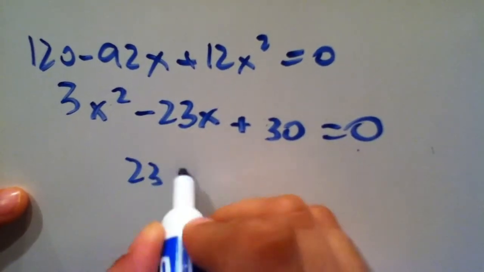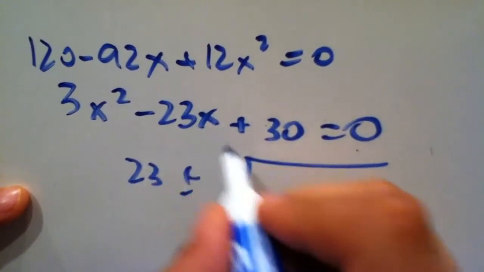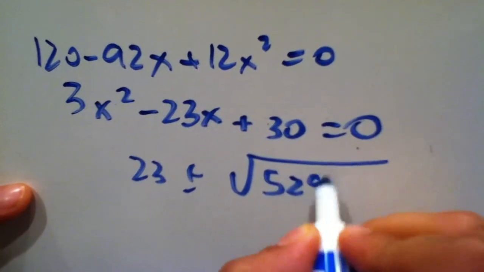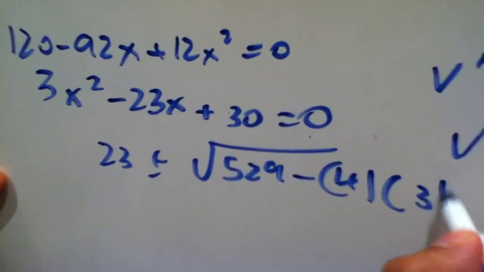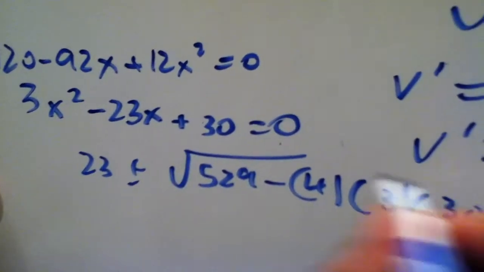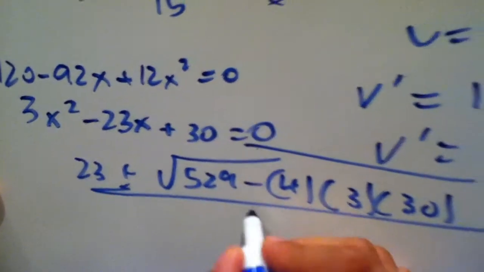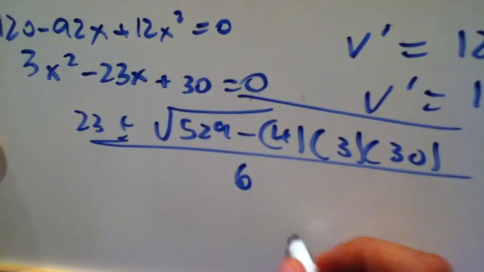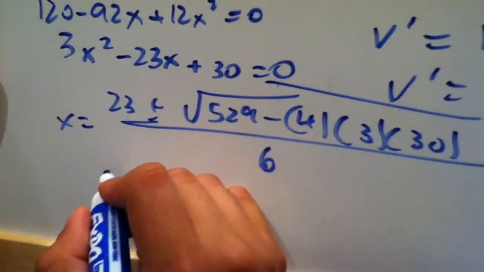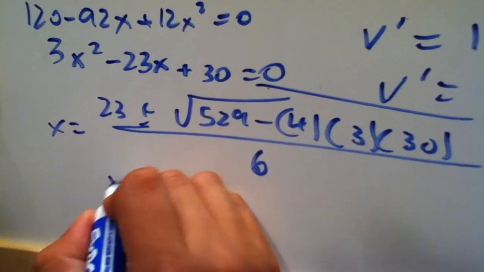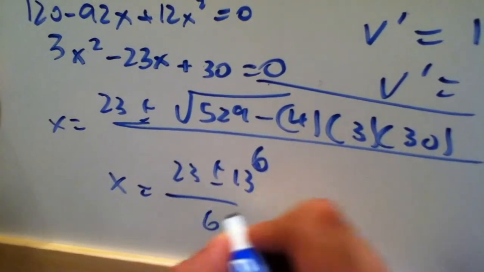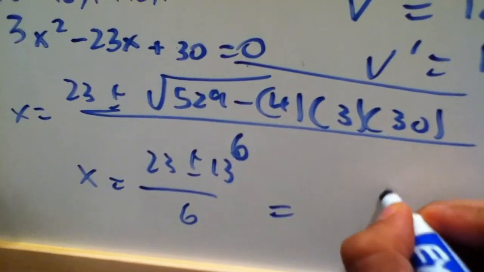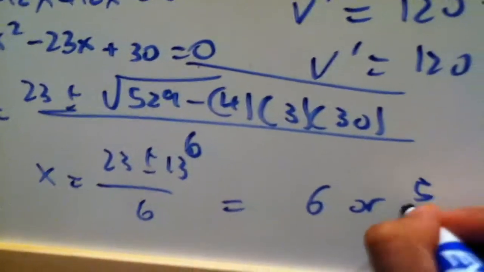So it's 23 plus or minus the square root of this squared, which is 529, minus 4 times a, 3, and c, all over 2a, which is 6. And if you solve this out, you simplify it after a while, and you get x equal to 23 plus or minus 13 over 6, which is either equal to 6 or 5 over 3.